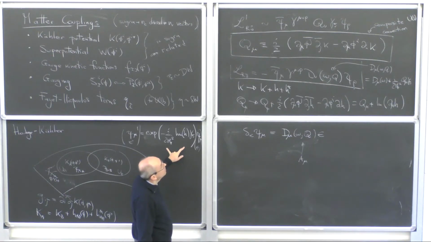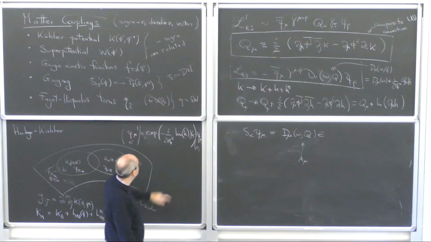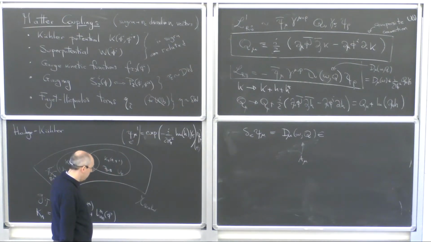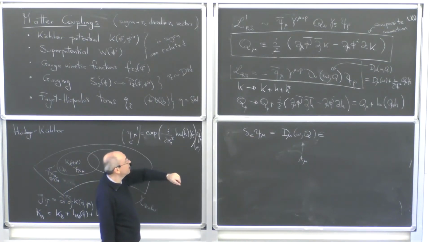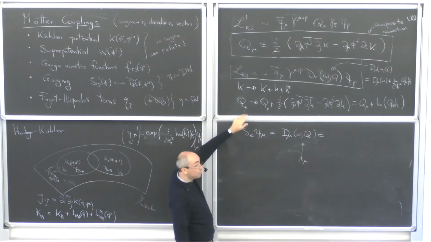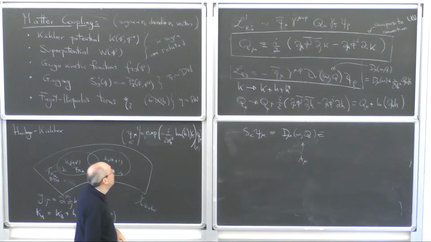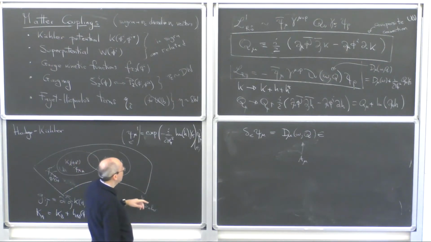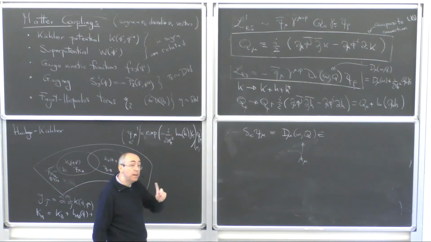Well, let's see. At the classical level, I can show you, I will come to this later, that you need some quantization condition, and that the field strength of this connection has to be quantized on even integers in order to have a consistent definition of all the fields, but this depends on the type of manifold that you have.